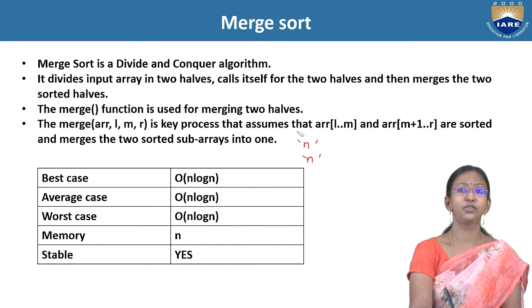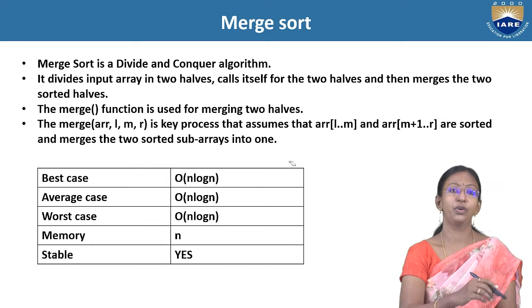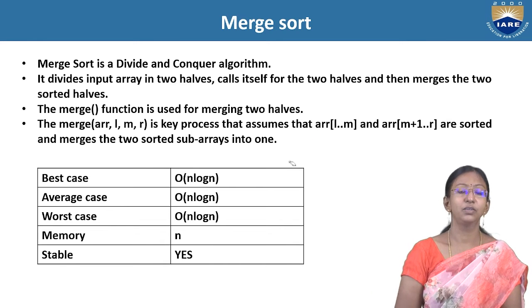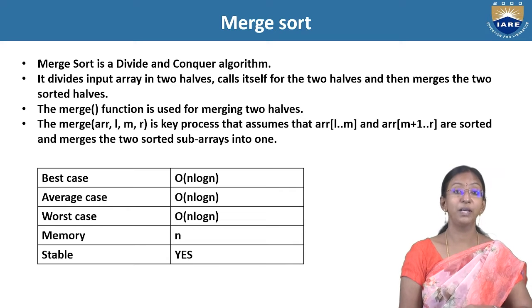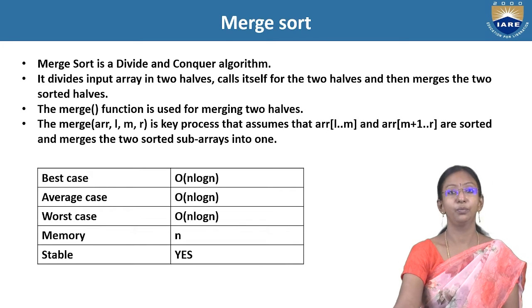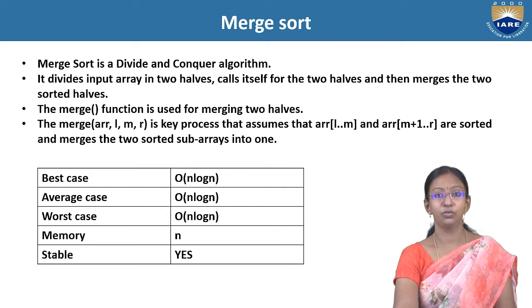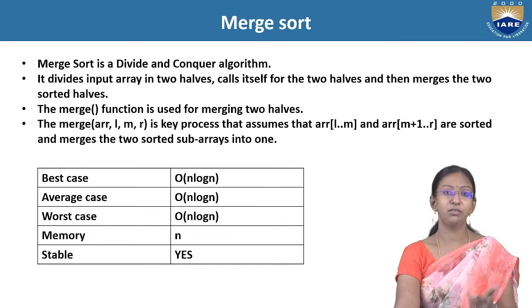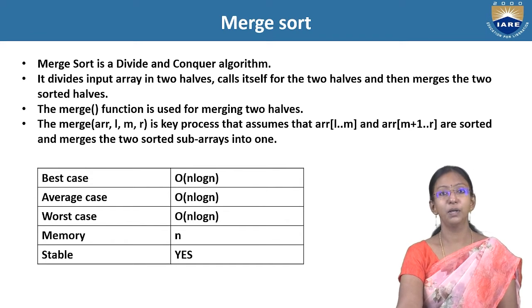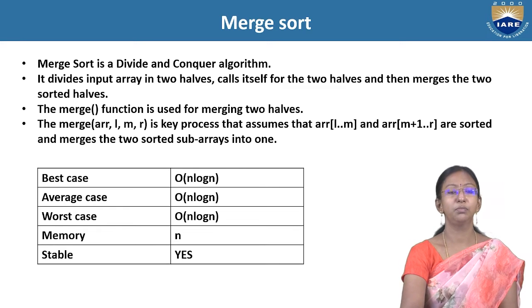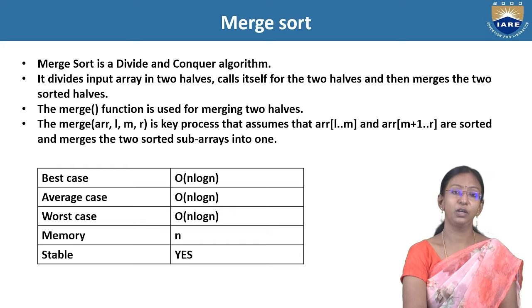The final list you are going to get in this extra space, right? So the time complexity is lower, but its space complexity is very high when compared to the remaining sorting techniques. The sorting is quite easy, but the space it requires is more. So the memory which it uses is n, where n represents the total number of elements in the list which we need to sort, right?